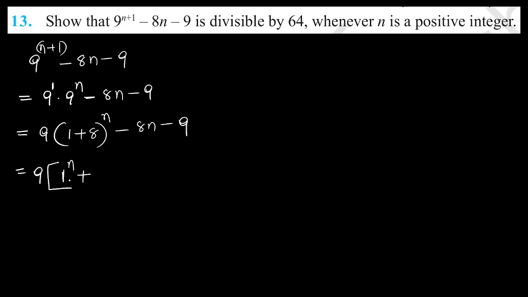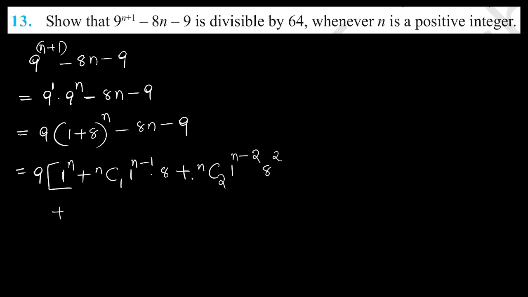Then nC1 coefficient will come: 1 raised to n becomes 1 raised to n minus 1 because the power is reduced by 1, and b is 8. In the next step I will not consider 1 raised to anything, since it is 1. After nC1 you will get nC2. The power of 1 is again reduced by 1, 1 raised to n minus 2, and 8 becomes 8 square.